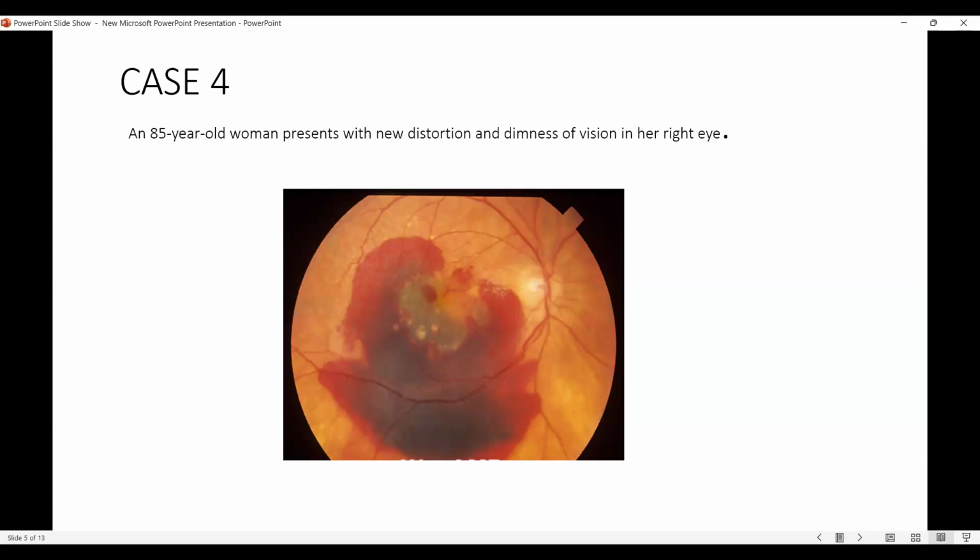What are the types of occult CNVM on angiography? Don't know, sir. Okay, please read about it. Okay, sir.